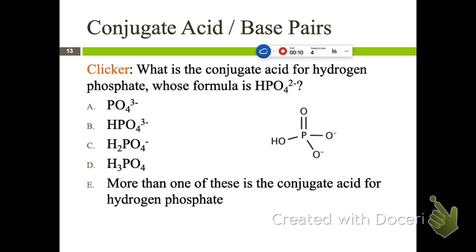Turns out this can act as both an acid or a base. It can either lose a proton or it can gain a proton. In this case, we're saying it's gaining a proton. What's the conjugate acid?